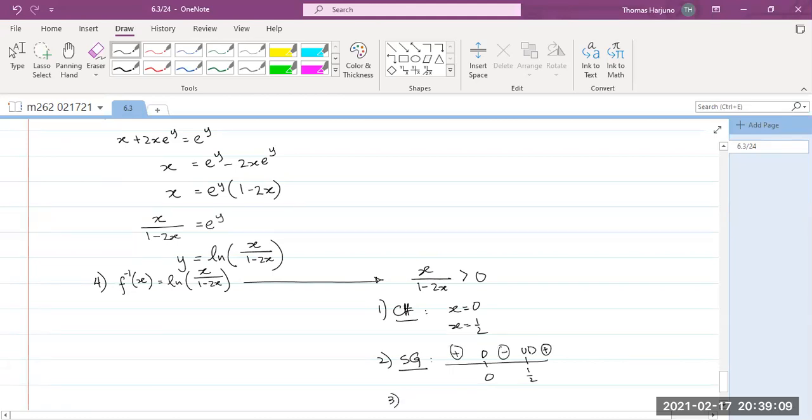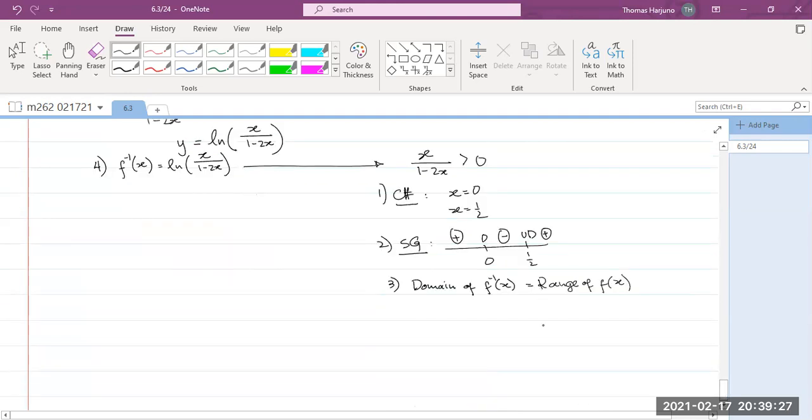So the domain of the inverse function, which is the range of the function, is from negative infinity to 0, not including 0, union 1/2 to infinity.